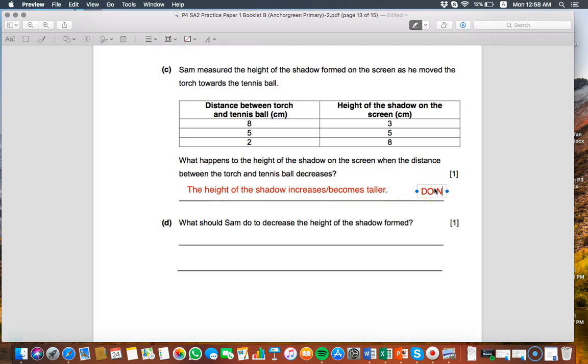Do not accept bigger. Why? I do not accept bigger because it can be an increase in width.